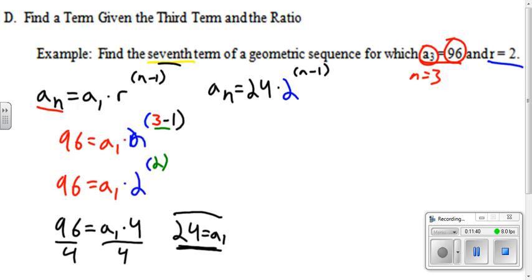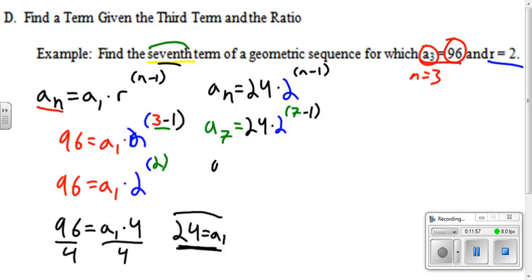Now from here, we plug in 7 for our term, so we'd say a sub 7 equals 24 times 2 to the 7 minus 1 power.